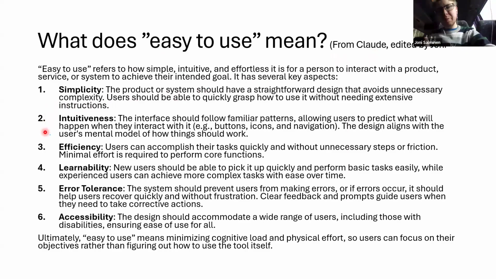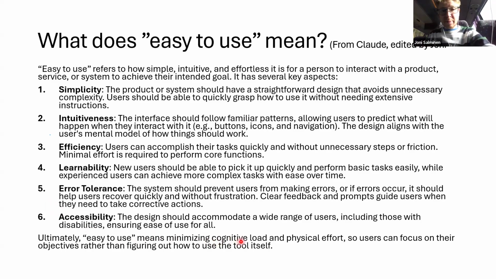So this makes more specific the idea of easy to use, right? So: simplicity, intuitiveness, efficiency, learnability, error tolerance, and accessibility. If you read these definitions, you can understand better what easy to use actually means.